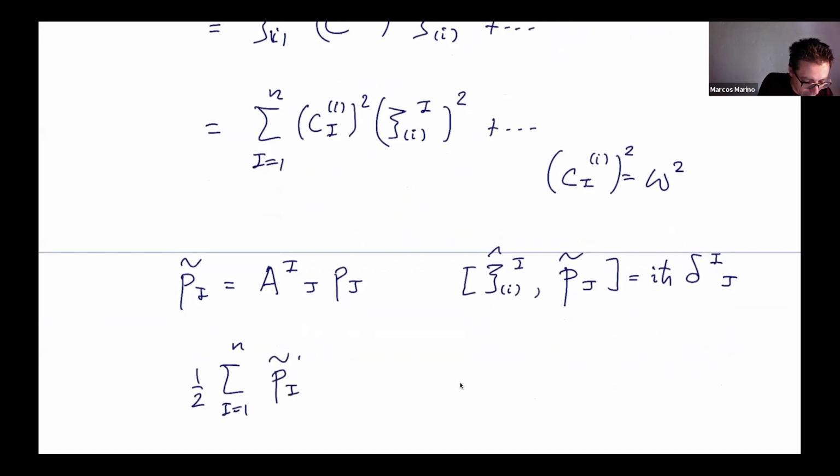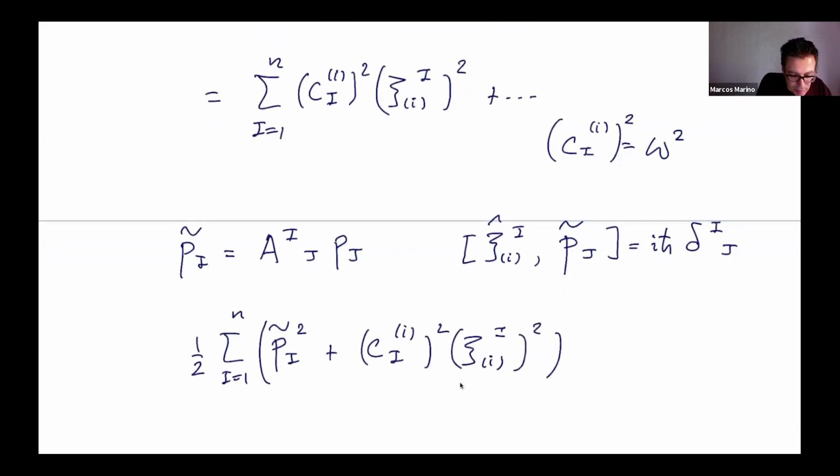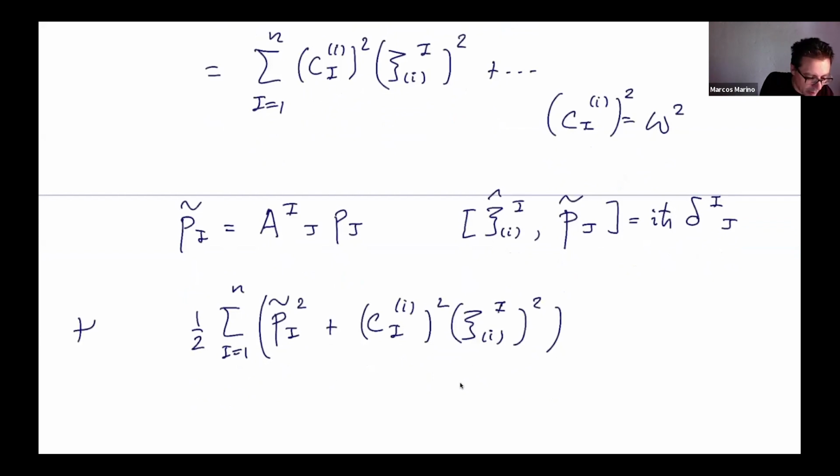So the bosonic part of the Hamiltonian near a critical point is given approximately by this expression, plus C_i squared psi_i squared. It's a bunch of harmonic oscillators with frequencies given by the eigenvalues of the Hessian.